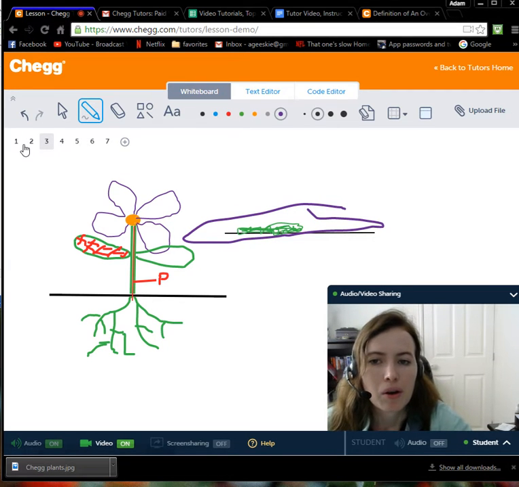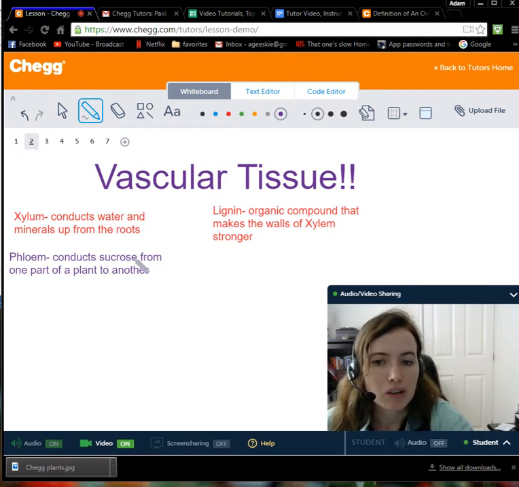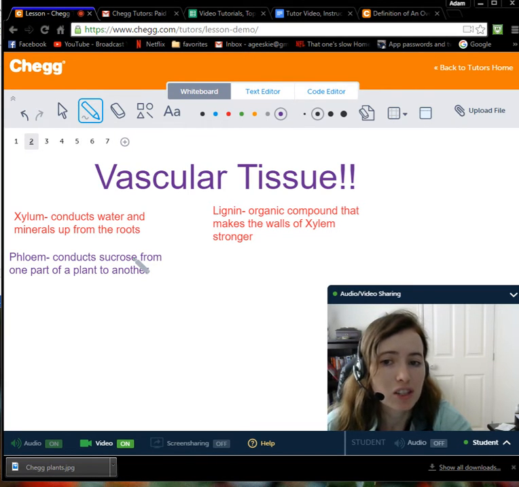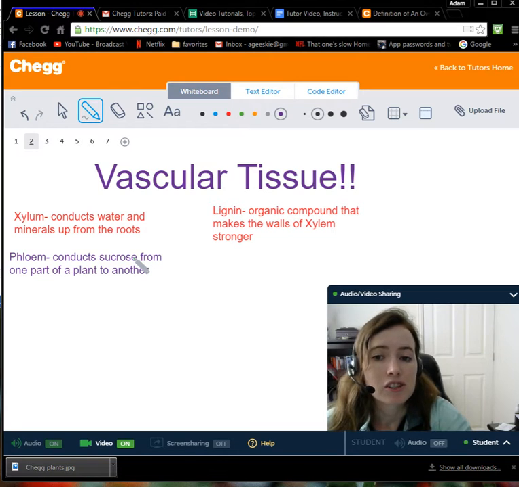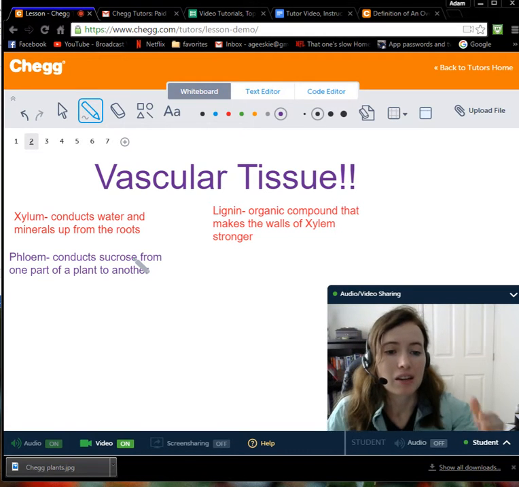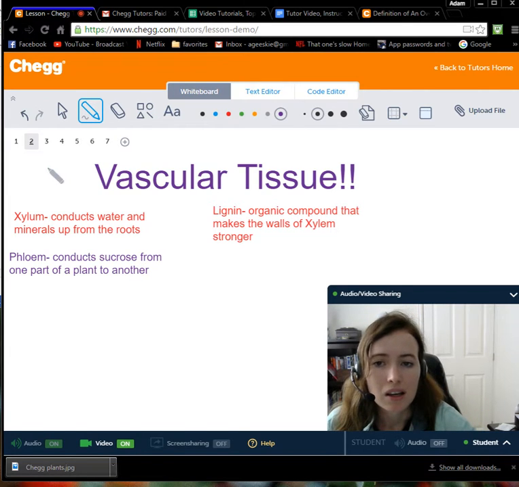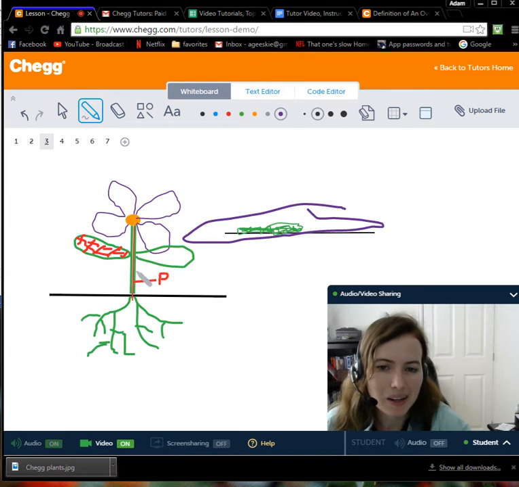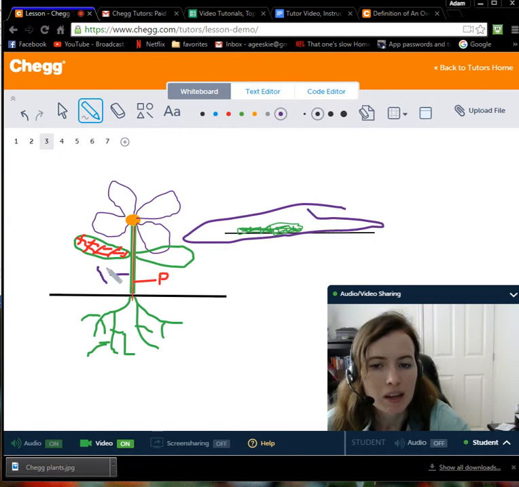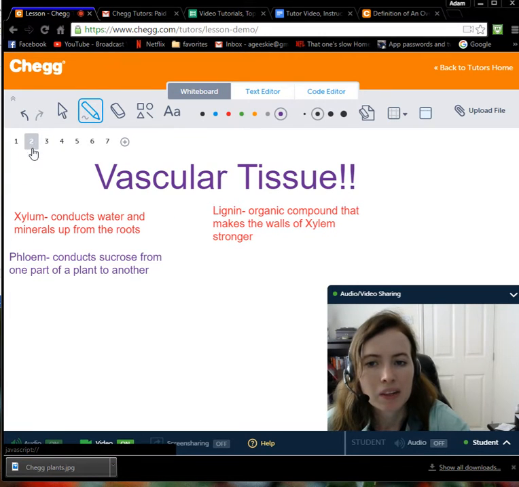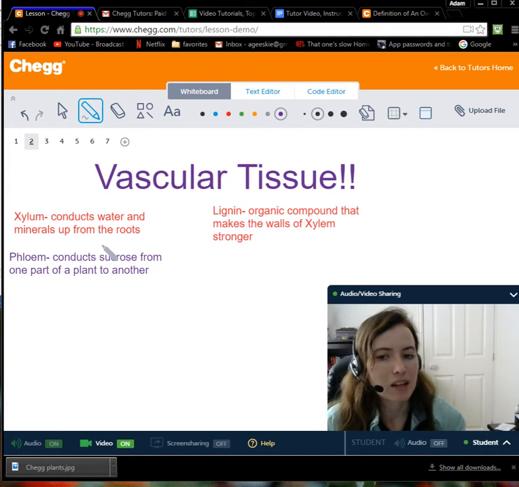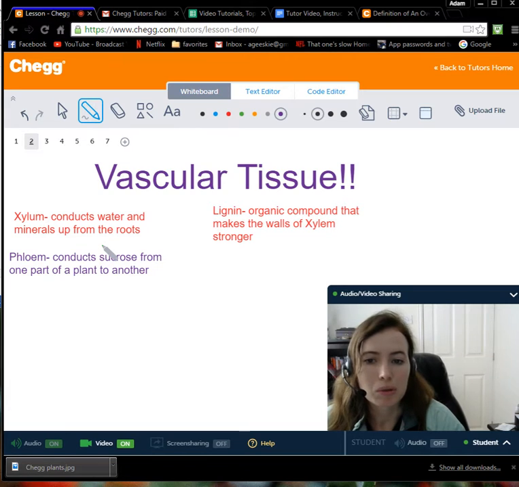It's very important to use proper terminology when talking about vascular tissue. Your xylem is kind of like the outside area of vascular plants. In my drawing of a flower, this green area right here would be my xylem, and it's with an X. That's what's conducting the water and minerals from the roots.